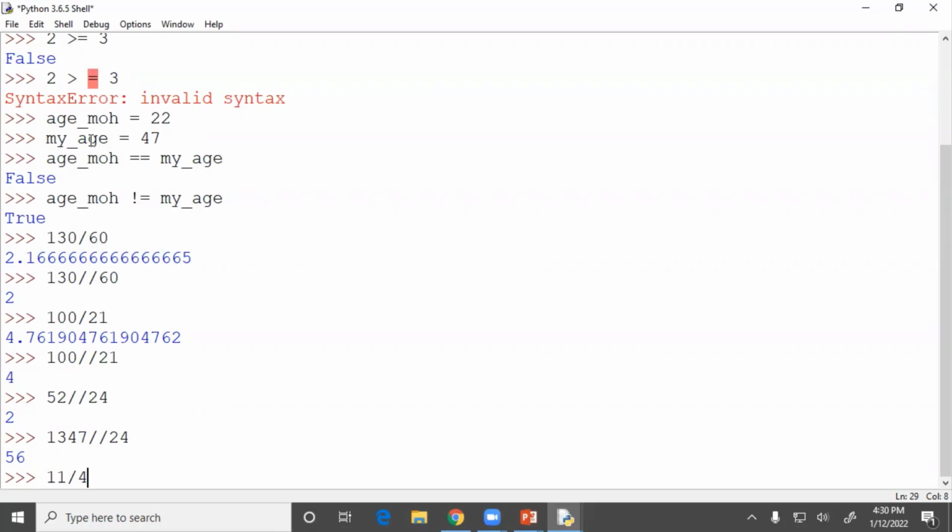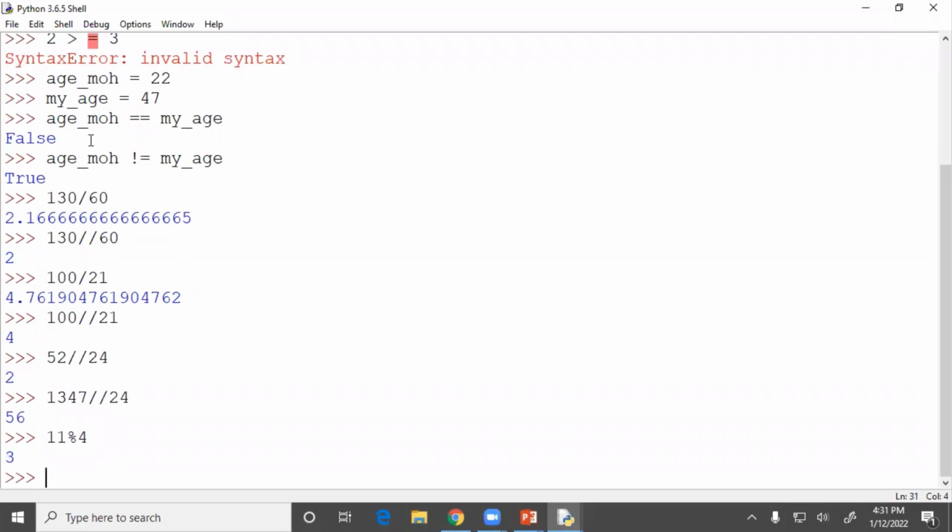So now, 11, this is modulus. What do we call this? Percentage, or modulus. 11 modulus 4, what's it going to give us? The 2 or the 3? The 3. The remainder. Can you see it?